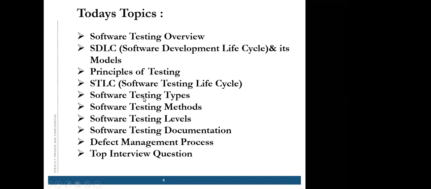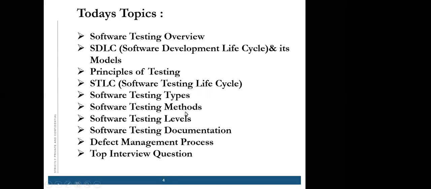Okay, and the next topic will be software testing methods. So what all methods we required for software testing, we will cover here. Then software testing levels, like what are the different levels of software testing, then software testing documentation, and then defect management process.